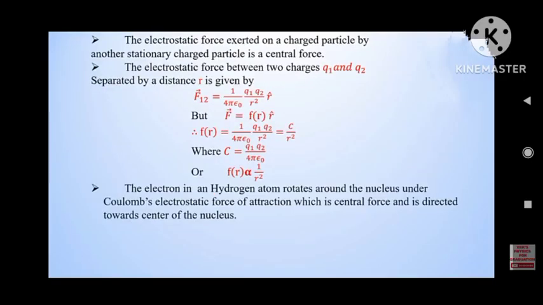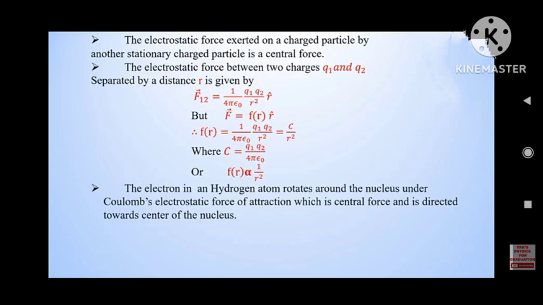Next, the electrostatic force exerted on a charged particle by another stationary charged particle is a central force. The electrostatic force between two charges Q1 and Q2, separated by a distance r, is given by F12 is equal to 1 by 4 pi epsilon naught Q1 Q2 by r square into r cap.